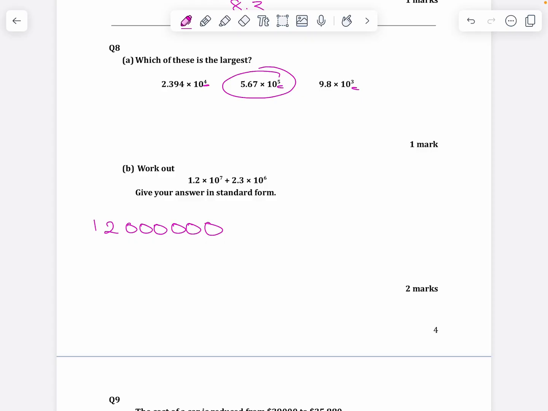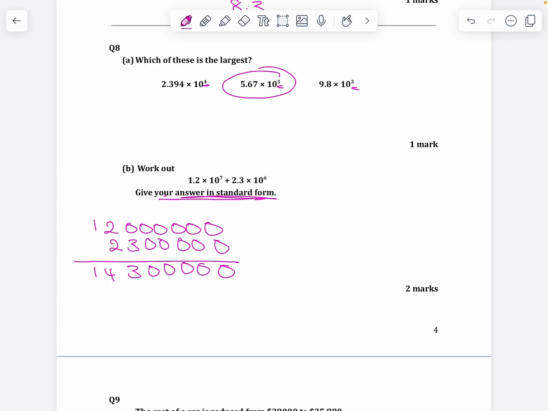And then 2.3 times 10 to the power 6 is 2, 3, and 1, 2, 3, 4, 5 zeros. Add them up, which gives you this number here, which is 14,300,000.